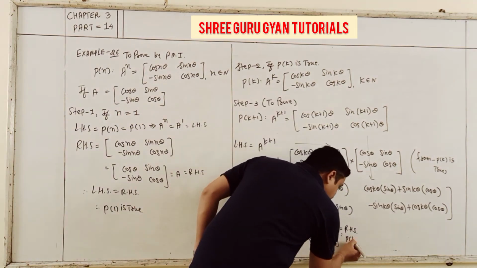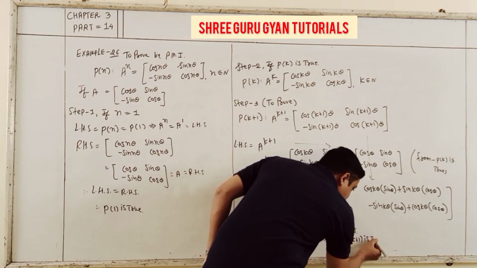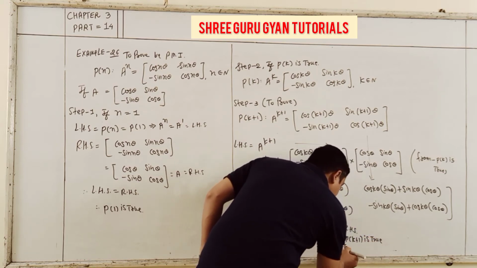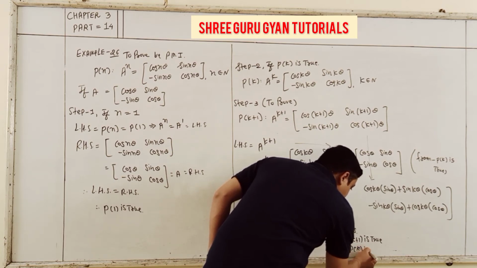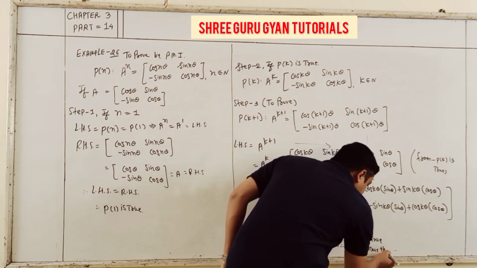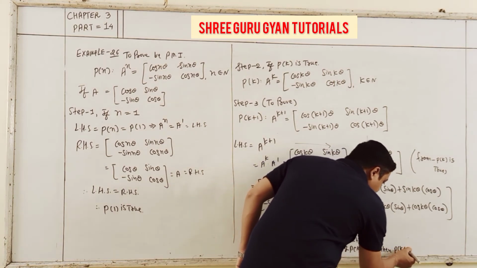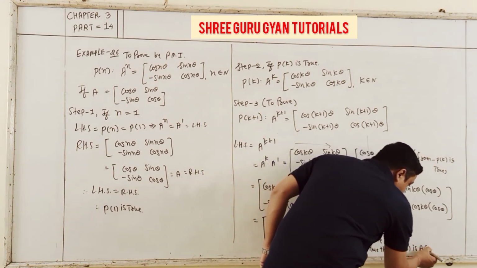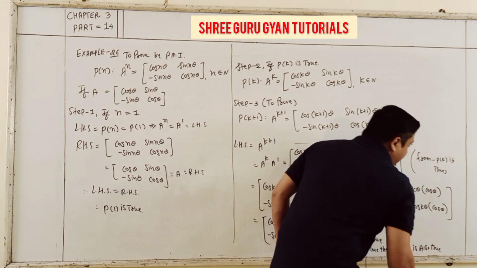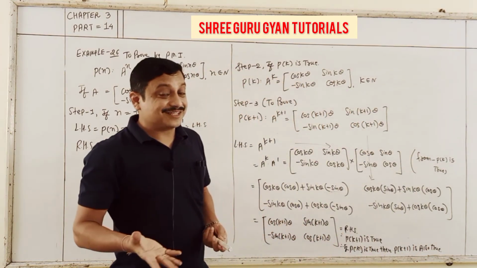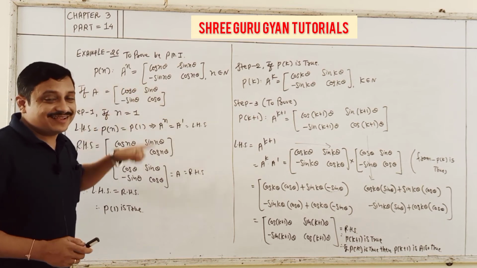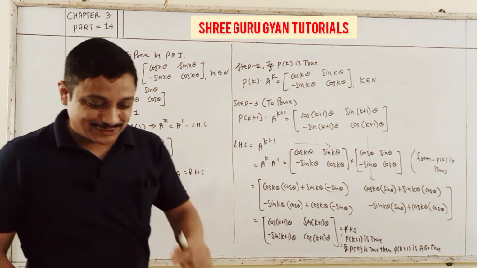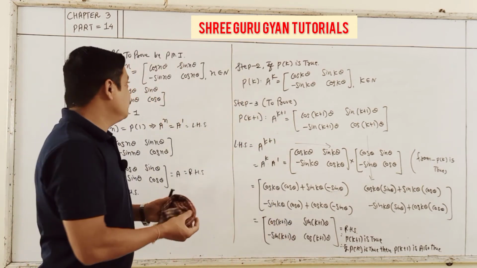Therefore, we will write down P of k plus 1 is true. So, if Pn is true, I mean Pk is true, then P of k plus 1 is also true. And last write down at the end of this sum, by PMI, this Pn is true for every n belongs to natural number.